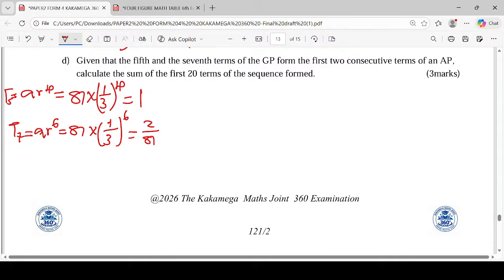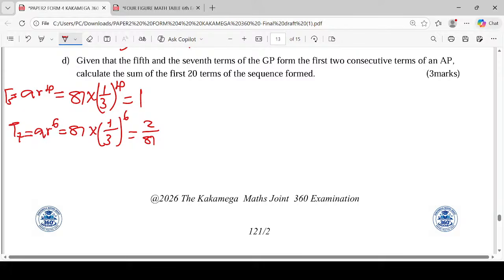They form the first two consecutive terms of the AP. Find the sum of the sequence.